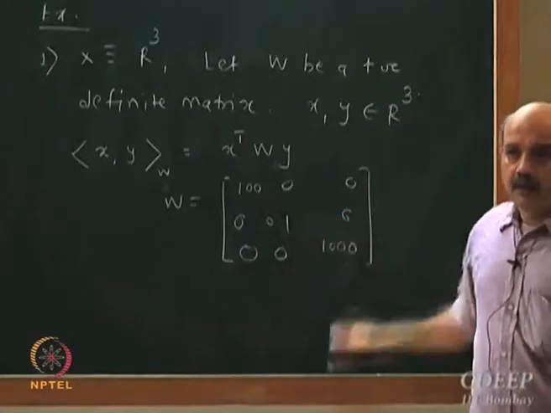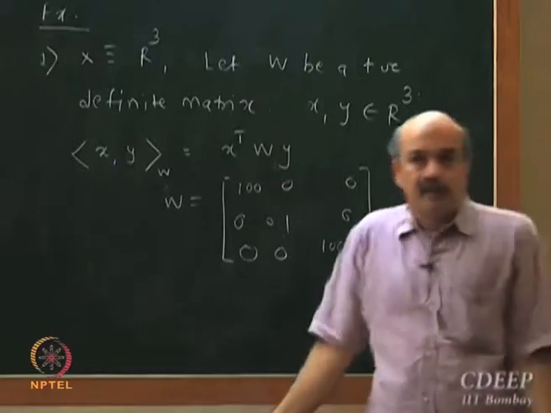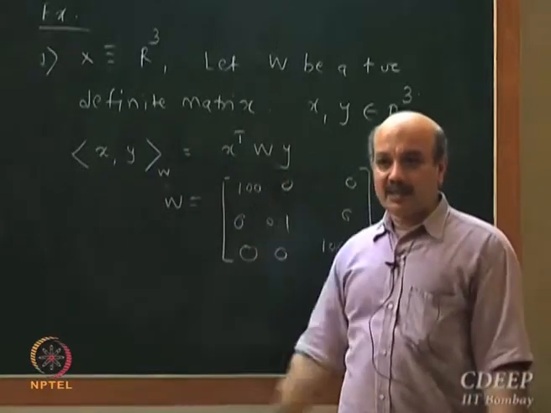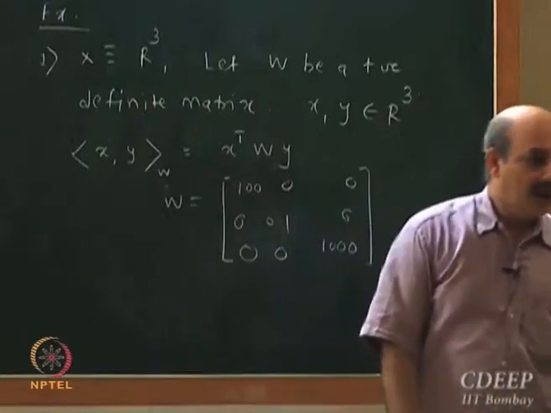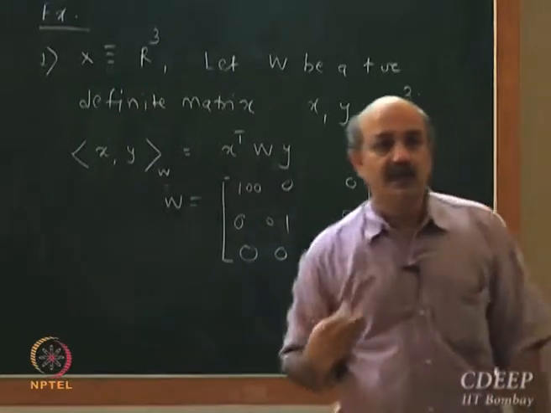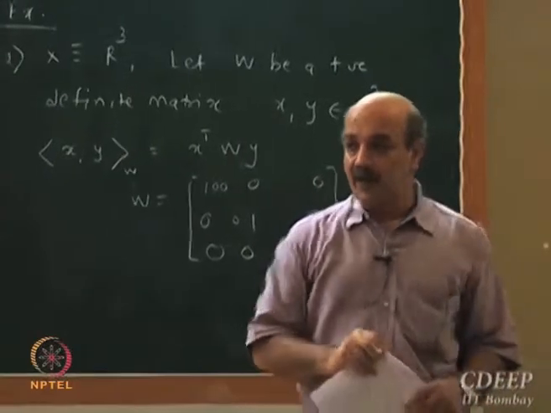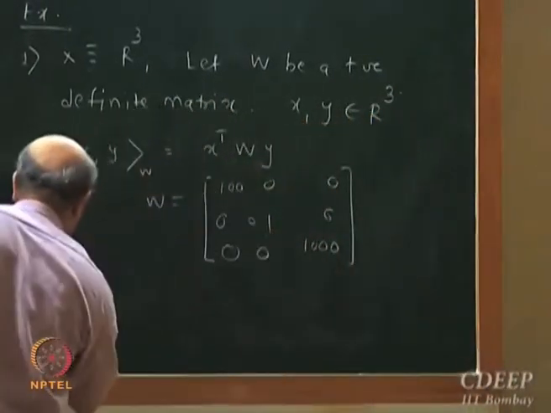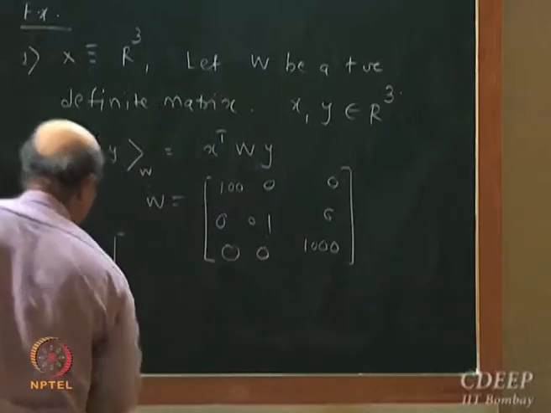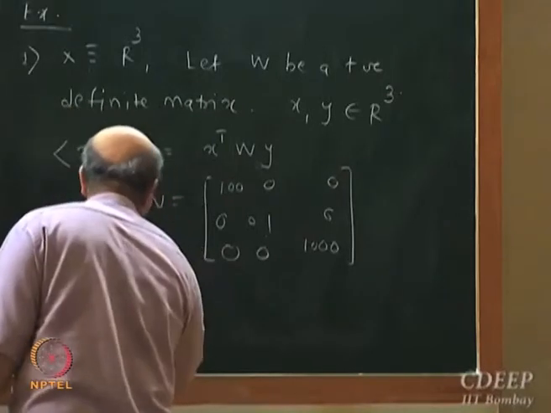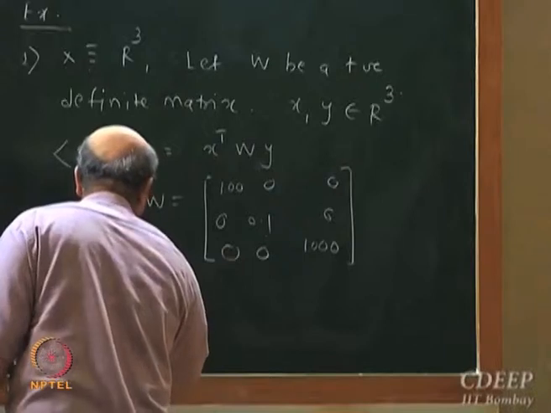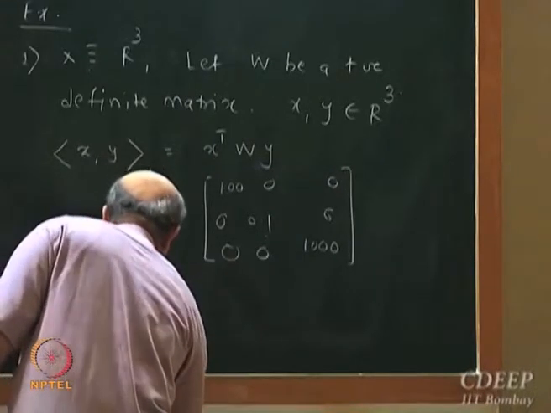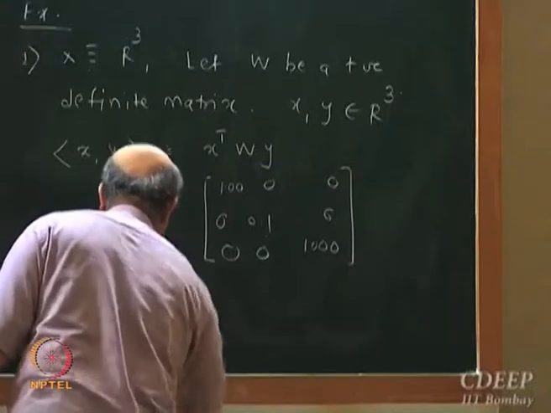Now you might ask me why do you want to define some funny matrix W and then call it an inner product? Where is it useful? Let us say I am working with a reactor, and my x is a vector that consists of, say, temperature, pressure and concentration, fractional.